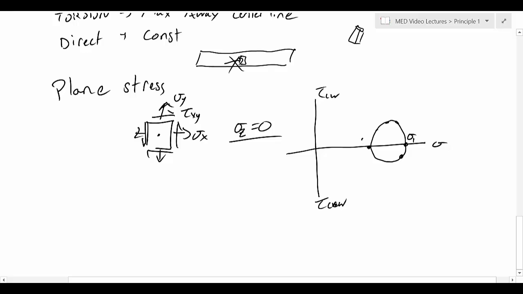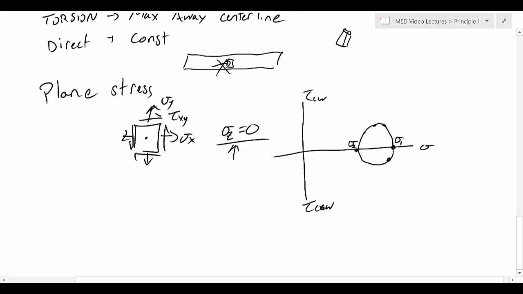We got our sigma 1s and our sigma 2s. Now, we also said that sigma z was 0, and tau in the zx direction, zy direction, however you want to look at it, is also 0. So we also have the yz orientation, and we have the yx orientation.